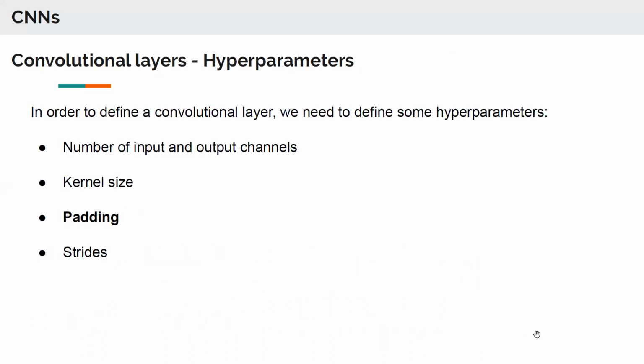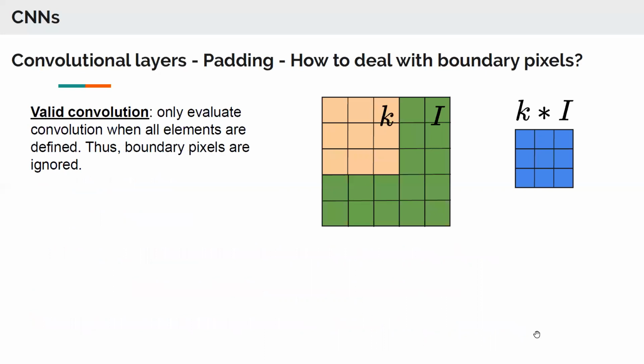Okay, then we have padding. So you remember how we talked about the output size being smaller than the input size. This was because we could not apply the convolution operation at the boundary pixels, right? Because if we tried to center this kernel around this pixel, the kernel goes outside the image, and now we cannot take the dot product anymore, right?